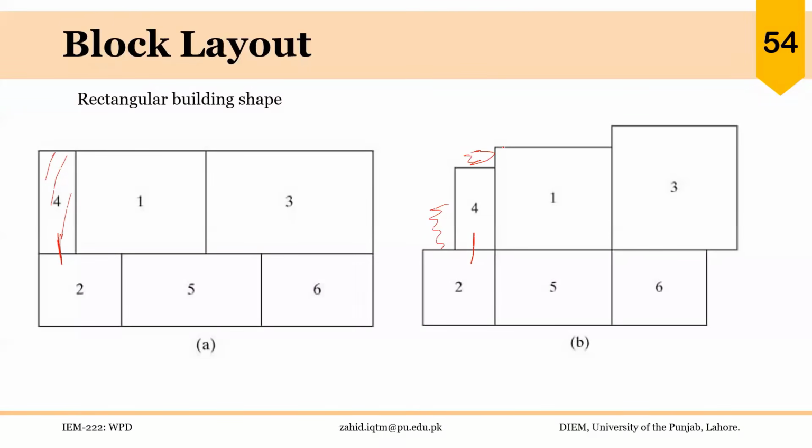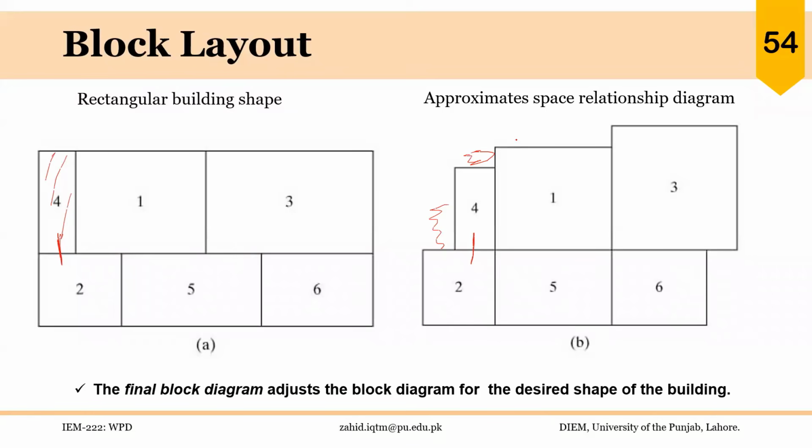This is where we have to involve a lot of discussion, a lot of trade-offs, and a lot of practical implications. Once we have made the block layout, an important point is that the final block diagram adjusts the block diagram for the desired shape of the building. So that is important.